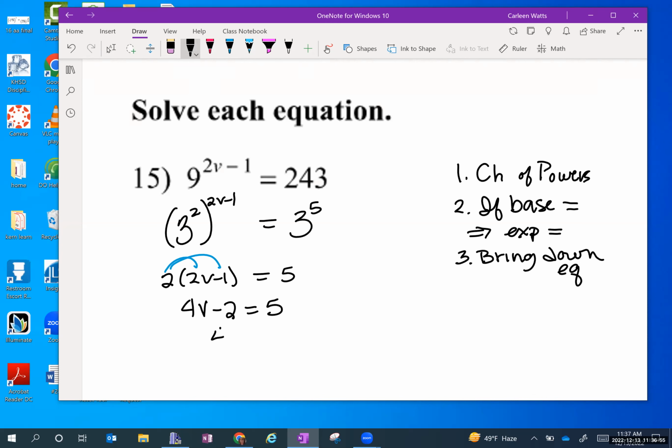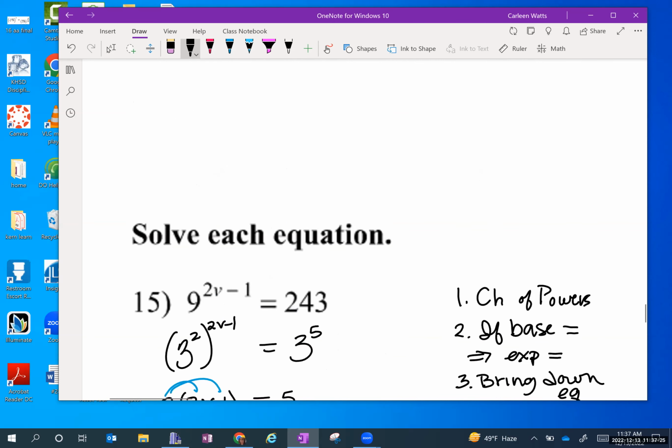Add 2, 4v is equal to 7. And divide. V is equal to 7/4. Okay. Number 6.